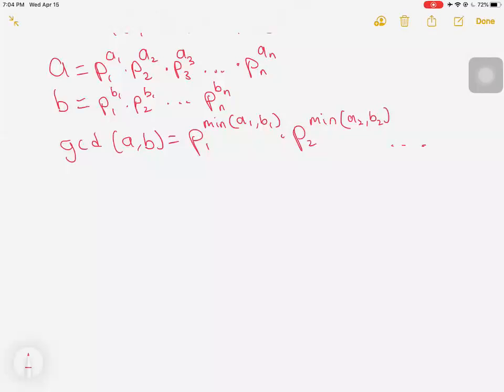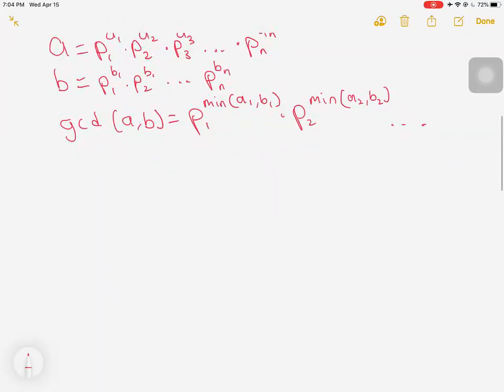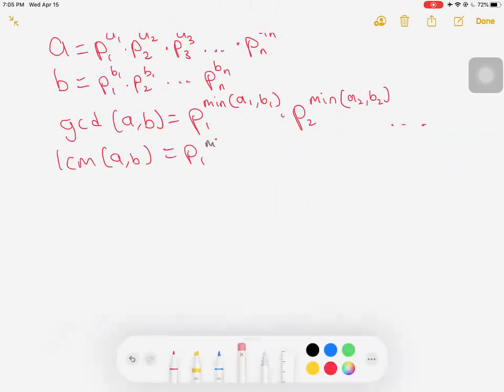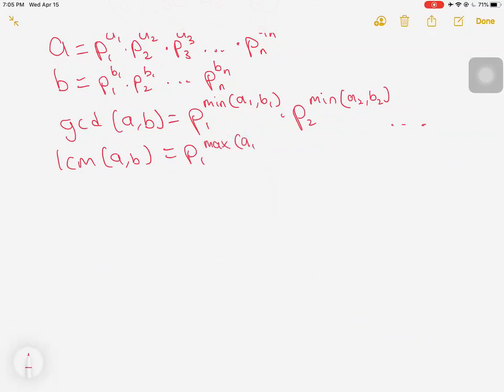And we just continue this until Pn. And similarly for the LCM, we do the same exact thing, but instead this time we use the max of the two exponents.